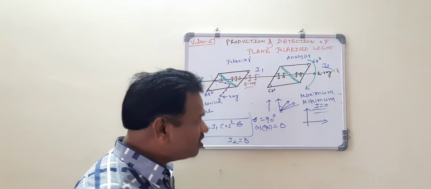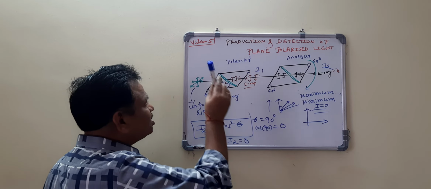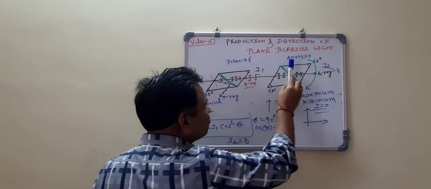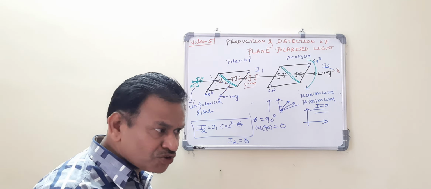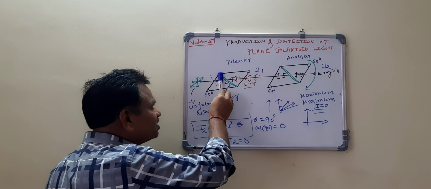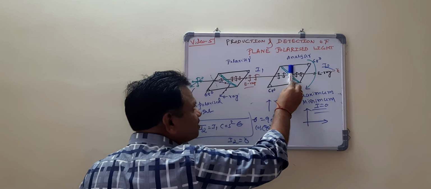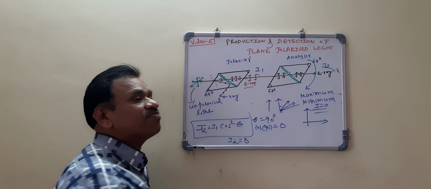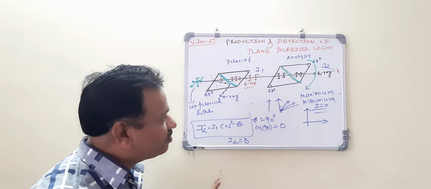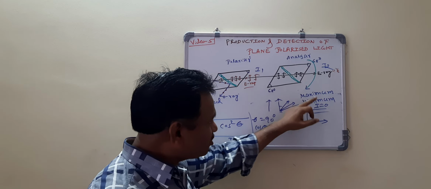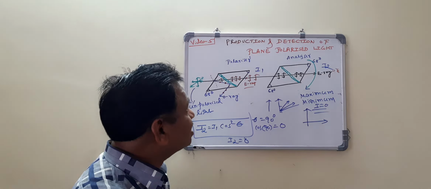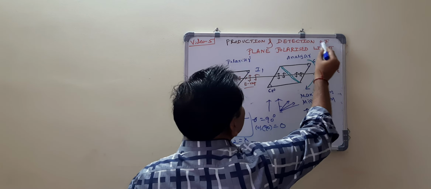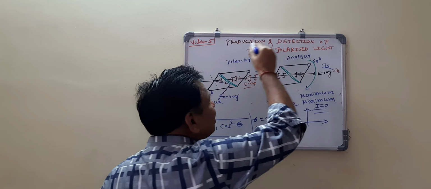The maximum is obtained when the principal sections of both prisms are parallel. The minimum is obtained when the principal sections of the polarizer and the analyzer are perpendicular. If you observe 2 times the maxima and 2 times the minima in one complete rotation, then I can say that it is plane polarized light.